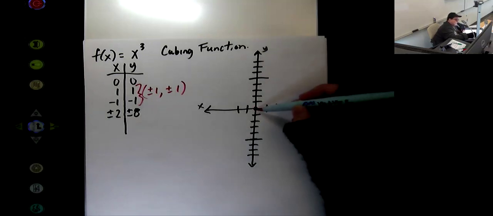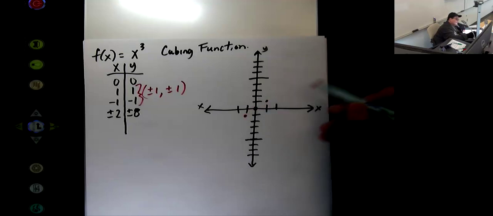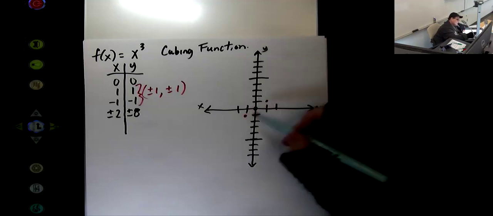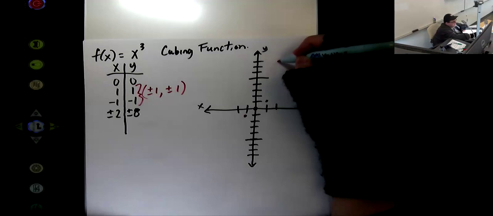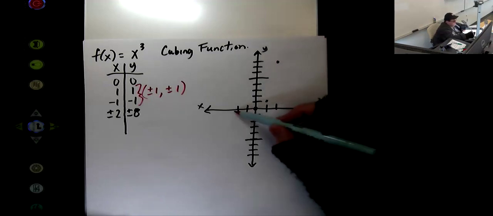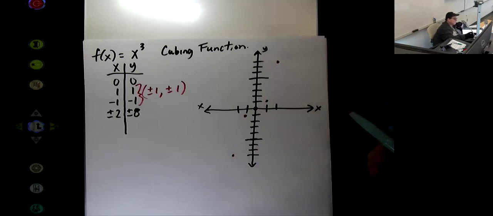And we got +1 for both and -1 for both. And these are actually in a straight line right now, but the fact that 2 goes all the way up to 8 and -2 goes all the way down to -8 means it is not a straight line.